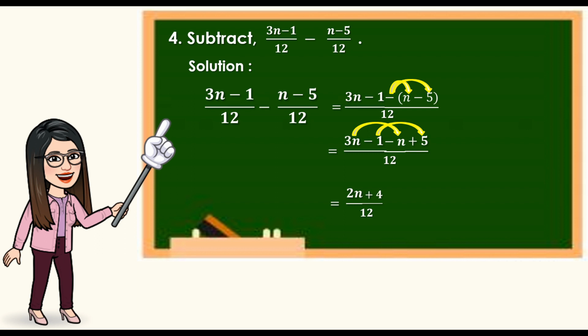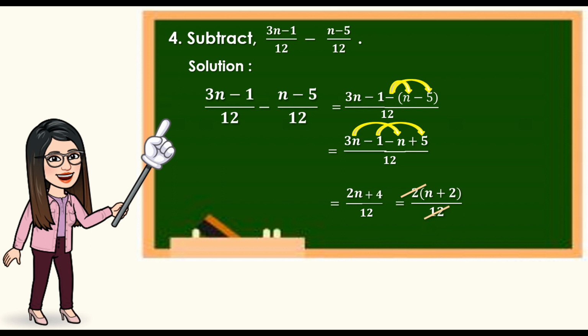After that, as you can see in our numerator, 2n plus 4, they have a common factor. The common factor in 2n plus 4 is 2. So we can have 2 times the quantity of n plus 2 all over 12. And 2 and 12 can be simplified because the common factor is 2.